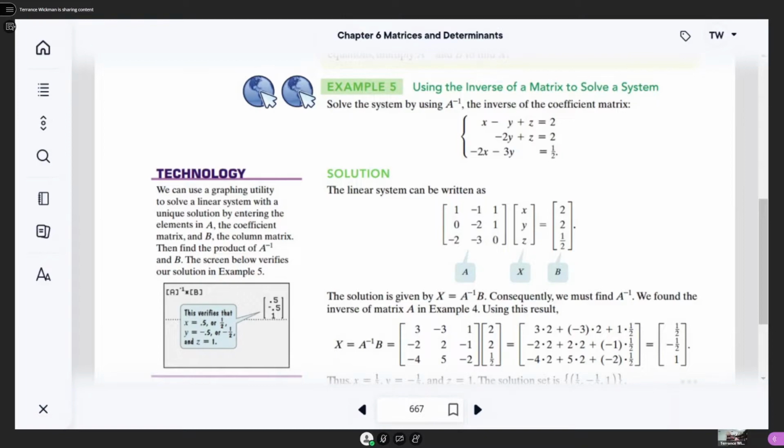That's your solution matrix. The next line is 0, because there are no x's. Then you have a -2 for the y's, and then you have 1 for the z. The last line, you have -2 for the x, -3 for the y, and 0 for the z. Now we want to put in the other matrix, which is a 3 by 1. That's the solution matrix, 2, 2, and 1/2.